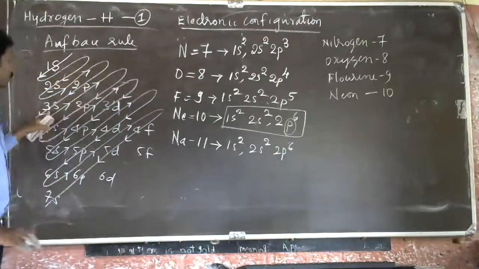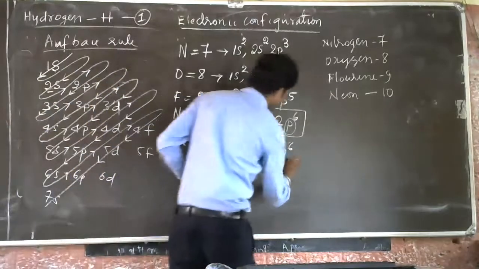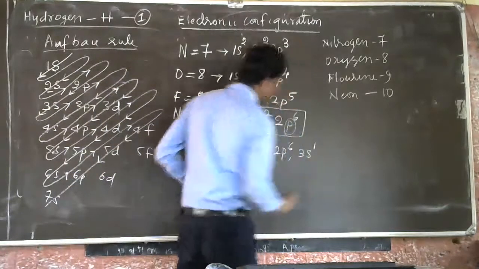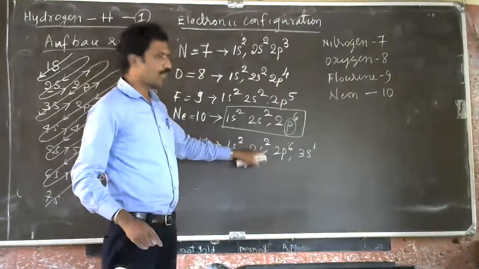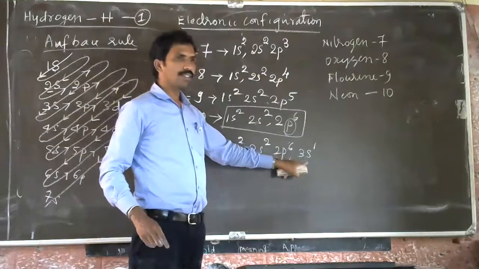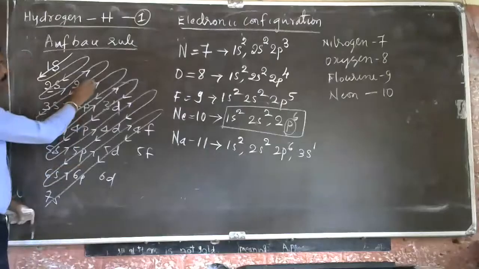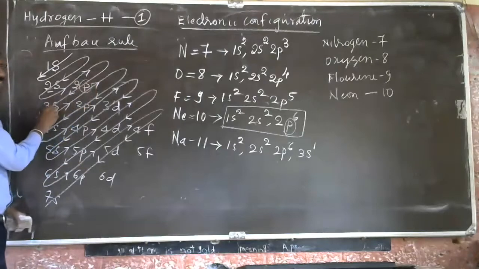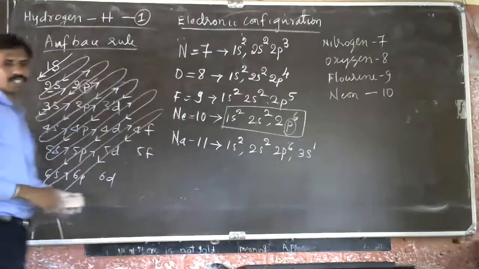After 2p comes 3s. So 3s1. Totally 11 electrons are occupied: 2 in 1s, 2 in 2s, 6 in 2p, and 1 in 3s. Follow this one. After completing p, you have to jump to 3s. Some of you jumped to 3s before completing the p.